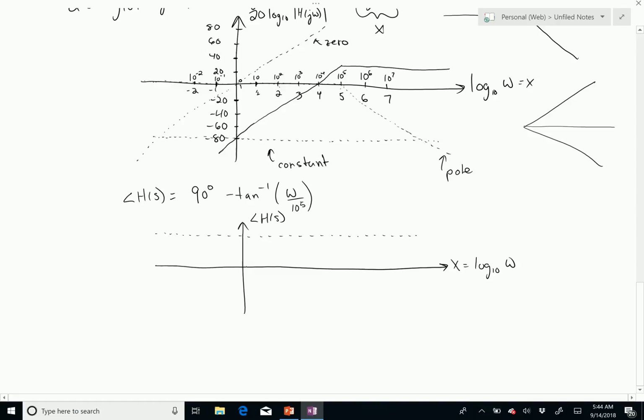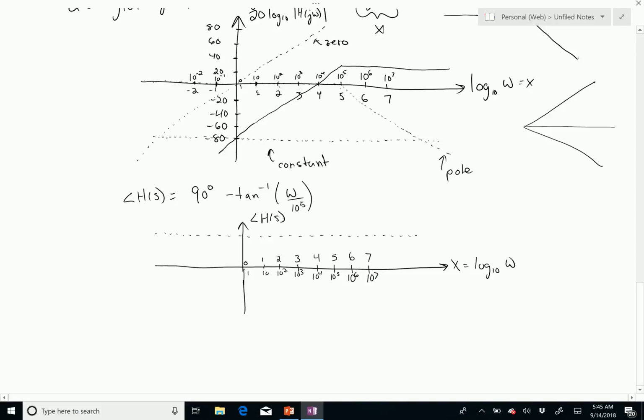So let's see, here's 0, 1, 2, 3, 4, 5, 6, 7, right? Those are our linear points. So log of 1 is 0, log of 10 is 1, 100 is 2, 1,000 is 3, 10,000 is 4, 100,000 is 5, 1,000,000 is 6, 10 million is 7, okay?